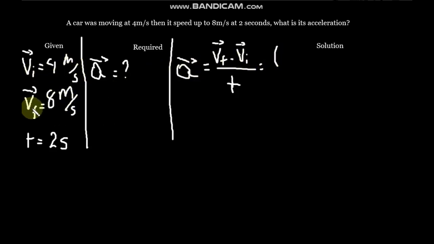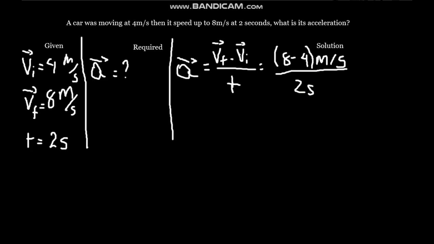So final velocity's coefficient is 8. So I write 8. And initial velocity's coefficient is 4. So it says minus 4. And you add their common units, which is meter per second, over the time, which is 2 seconds.